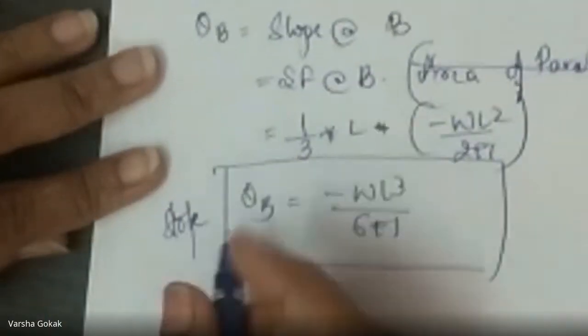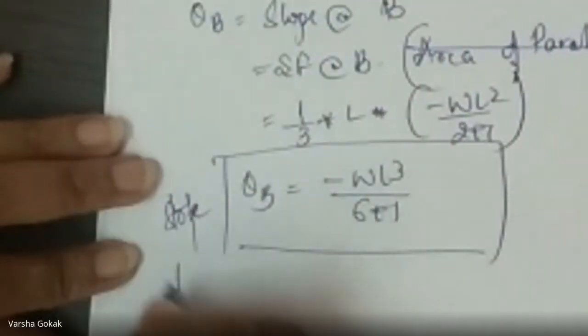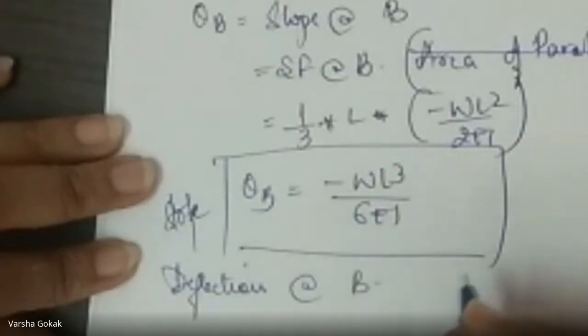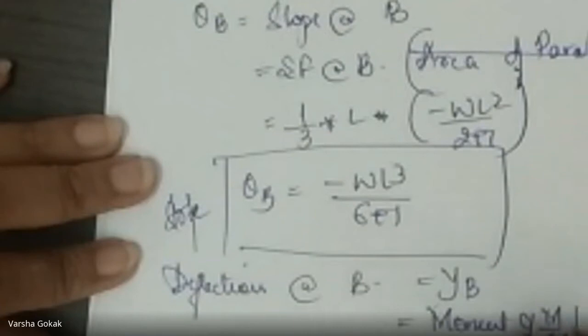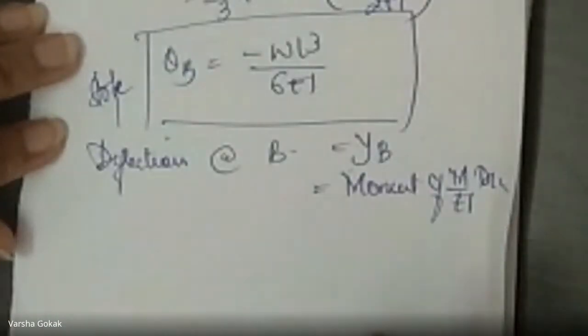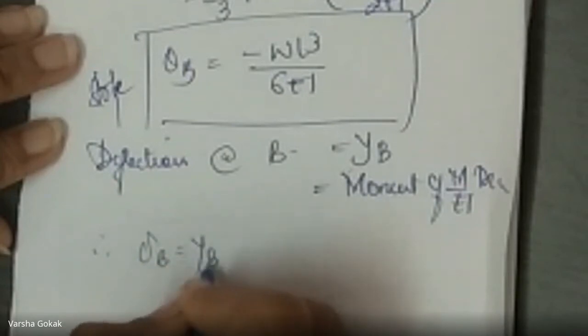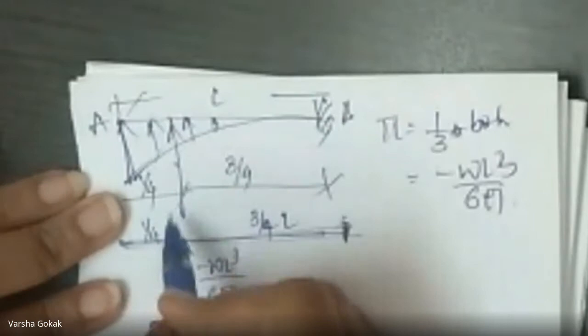Similarly, on the same basis, if we want to find the deflection, deflection at B is given by YB. How do I get the deflection? Deflection is nothing but the moment of the M by EI diagram. That's why delta B or YB, the deflection at B, is given by the moment of this, which is going to be this load into 3/4 of L. What is this load?